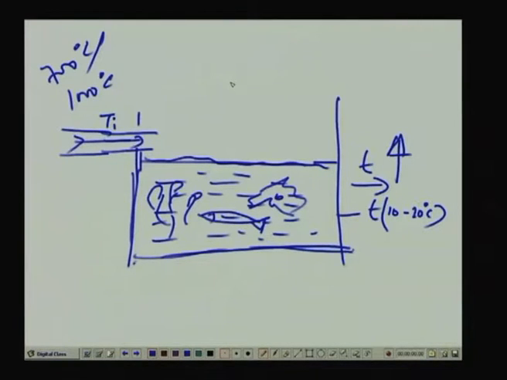At high temperature, the metabolism rate of the species in water increases.